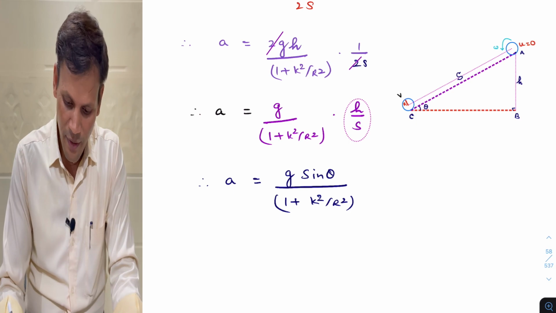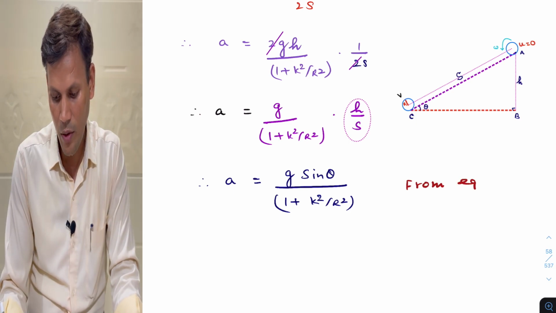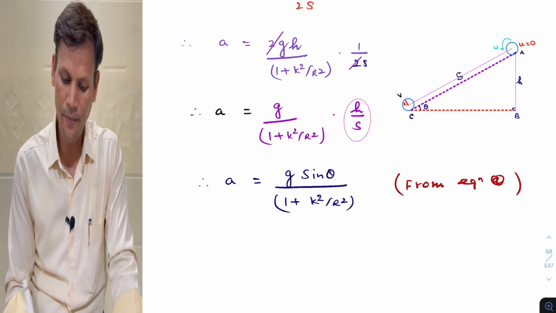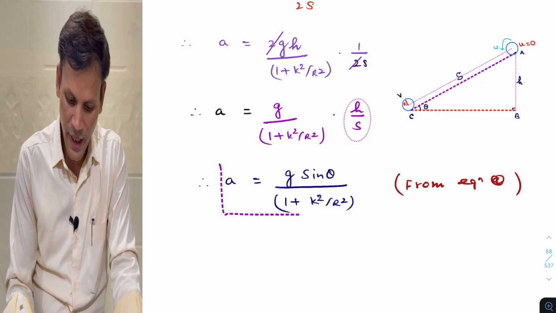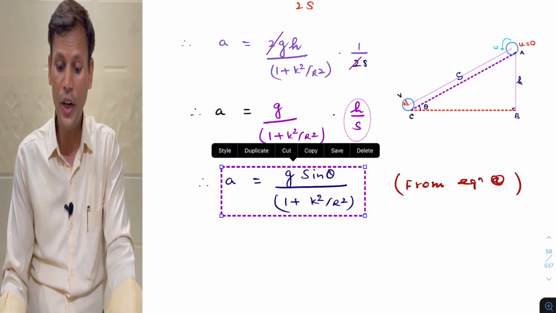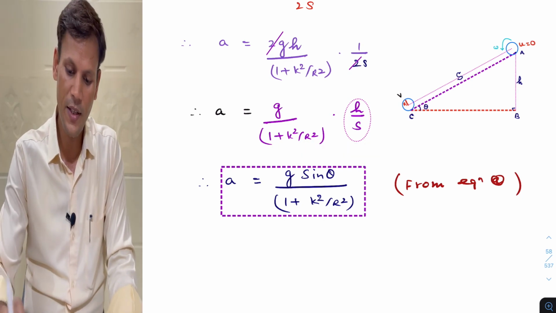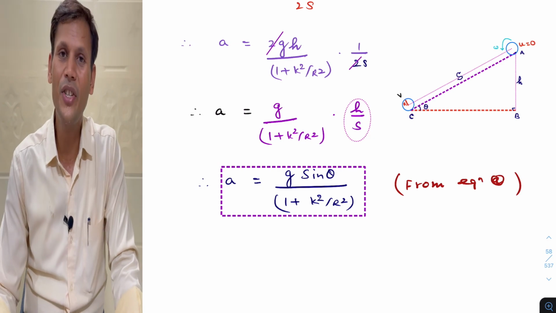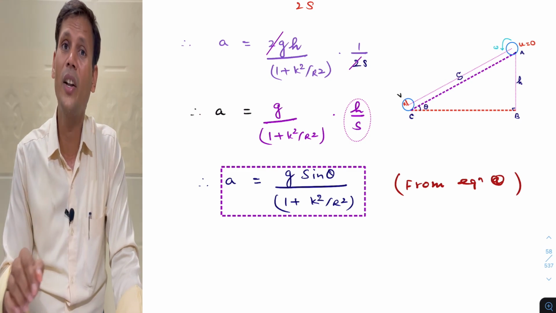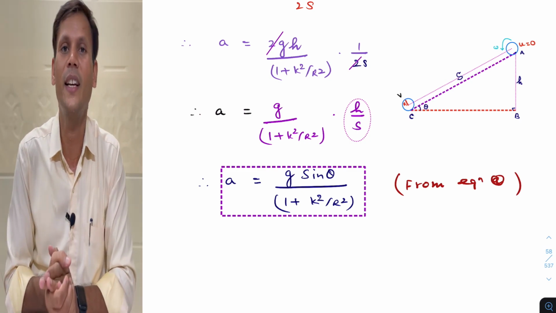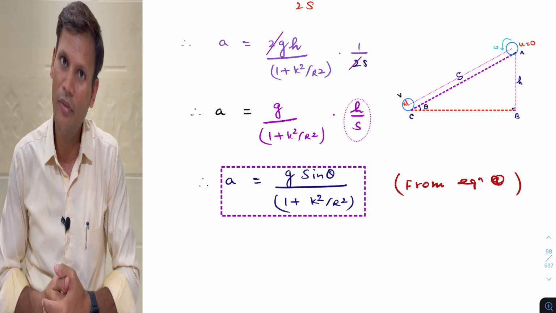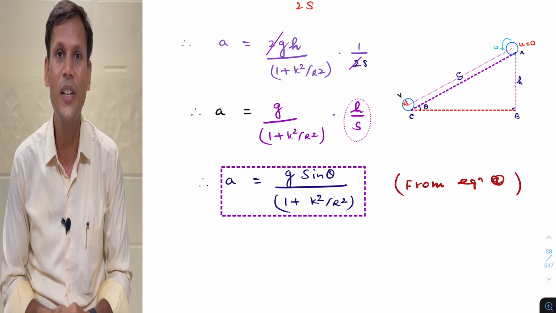Here we can write from equation, not 1, it is A. So finally we get the expression for the acceleration of a rolling body on an inclined surface. So we complete this derivation for the rolling motion on a horizontal surface as well as for the inclined surface, and in the inclined surface we derived the expression for velocity and acceleration.